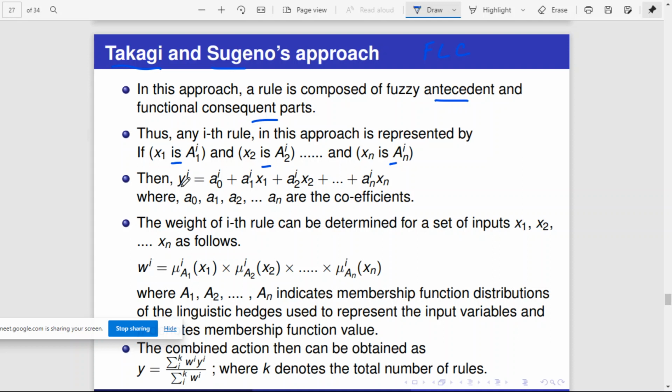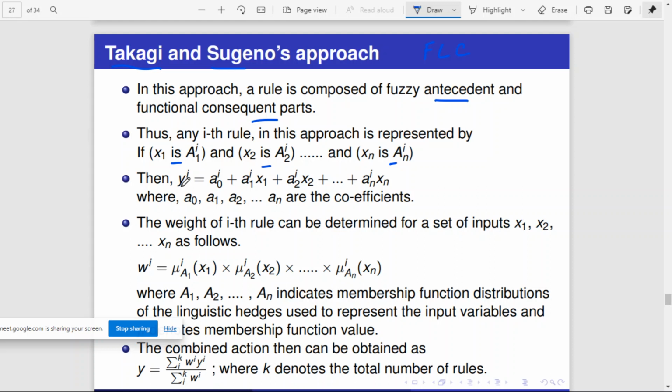Here x1, x2, x3 up to xn come directly from the input, because they are in the input rule itself. These a0, a1, a2, an are called coefficients. Actually, identifying these coefficients is a tricky thing.